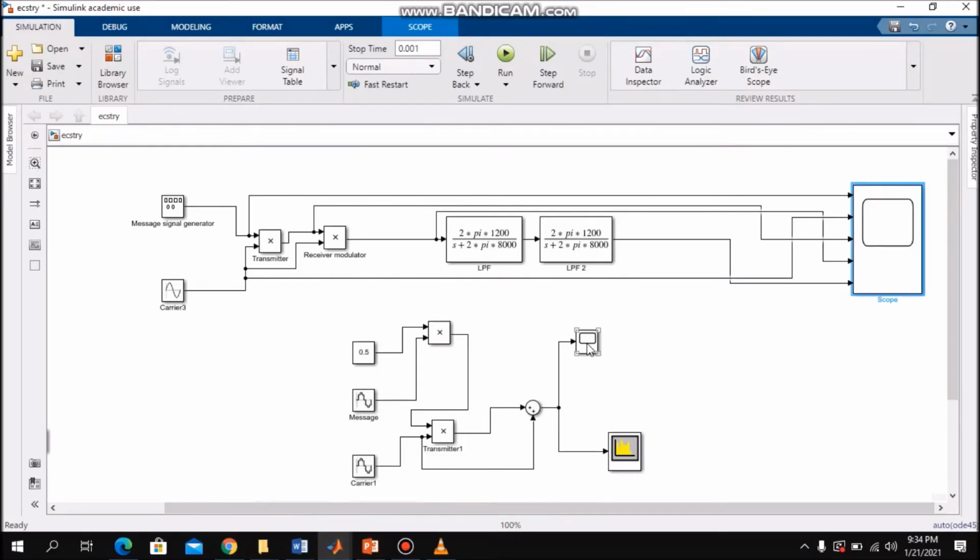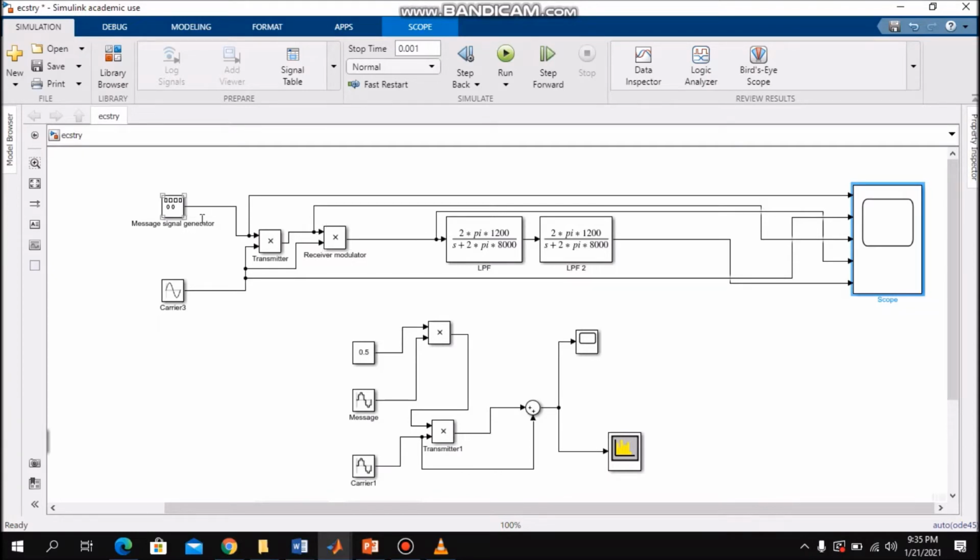Hi, my name is Tuan Afiqah Binti Tuan Putera. So I'm going to present the simulation that we have conducted using MATLAB Simulink. So this is the diagram that has been built in MATLAB Simulink.